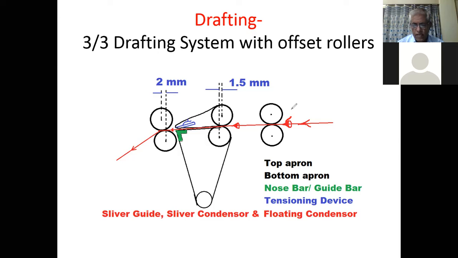This sliver guide guides the material in the center of the back roller. We can adjust this sliver guide so that the sliver goes in the center of the rollers. And then there is another sliver condenser here, and this sliver condenser condenses the sliver further.